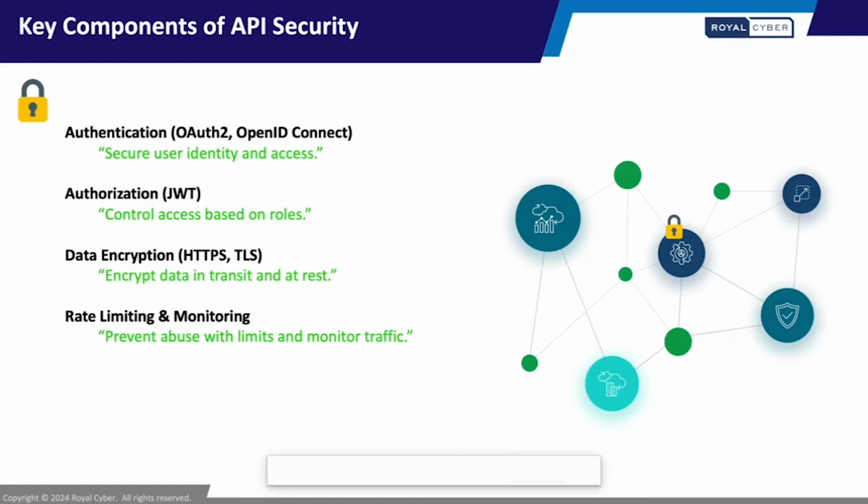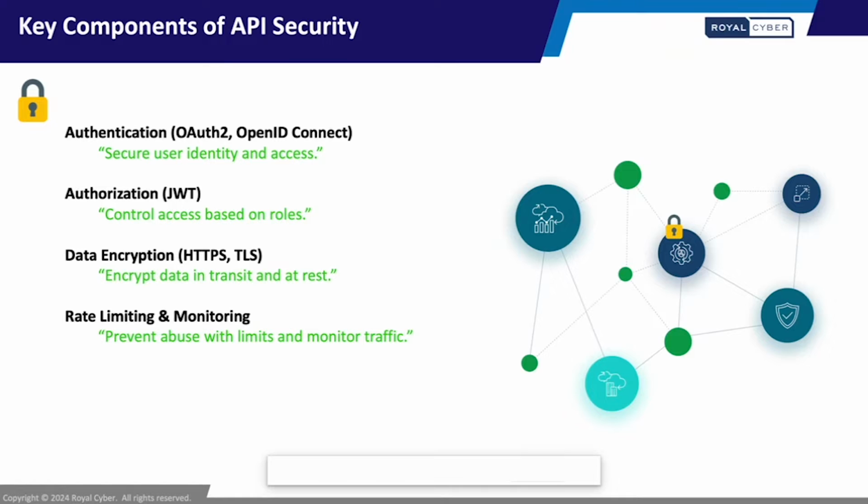Similarly, for authorization, you can use JWT tokens, which are JSON-based web tokens that help manage authorization, determining which roles or users can access specific data and services, providing fine-grained control over API interactions.